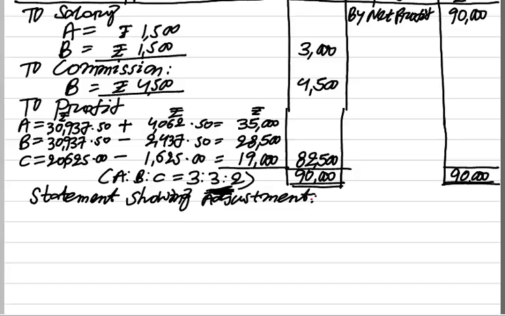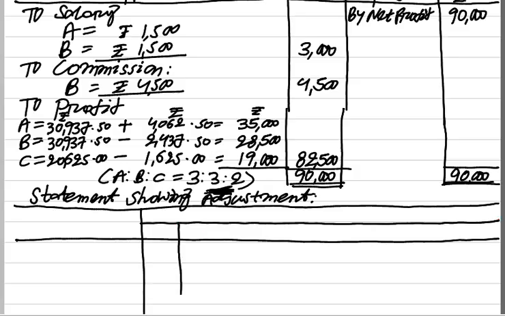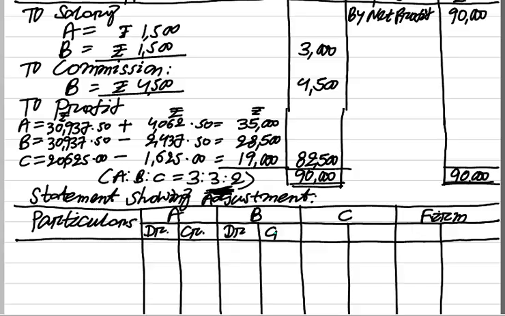There are three partners, A, B and C. Particulars, A, B, C, firm, debit, credit, debit, credit.